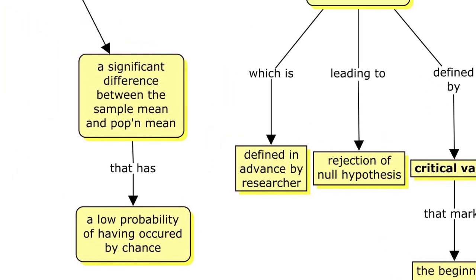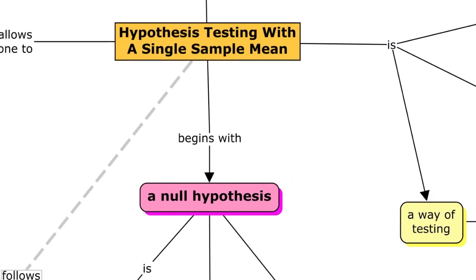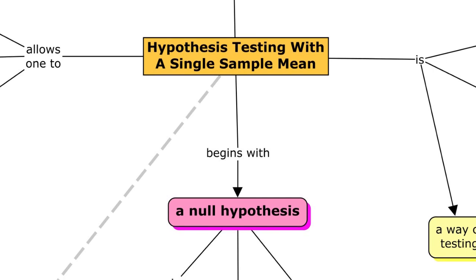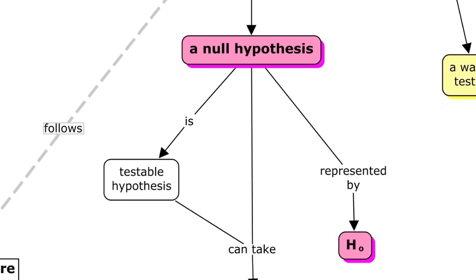All hypothesis testing begins with the statement of a null hypothesis, and there's particular notation to keep in mind here. A null hypothesis is represented by a capital H and a small subscript 0. This is read H naught.